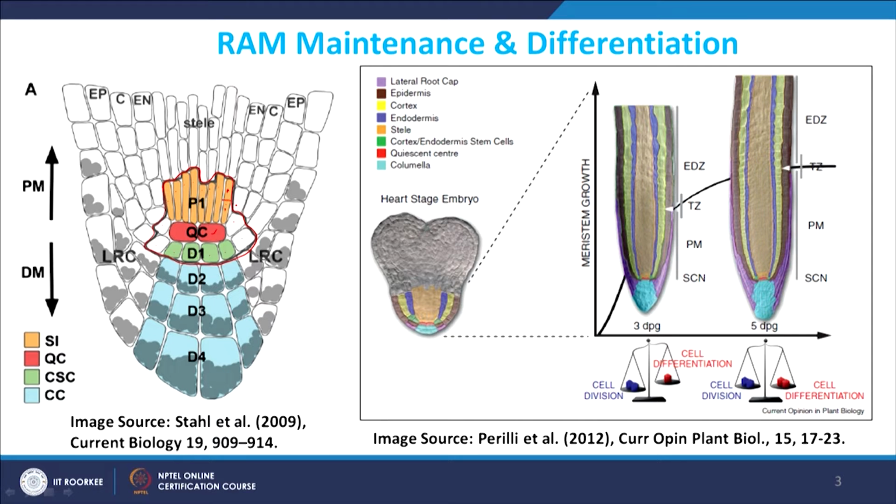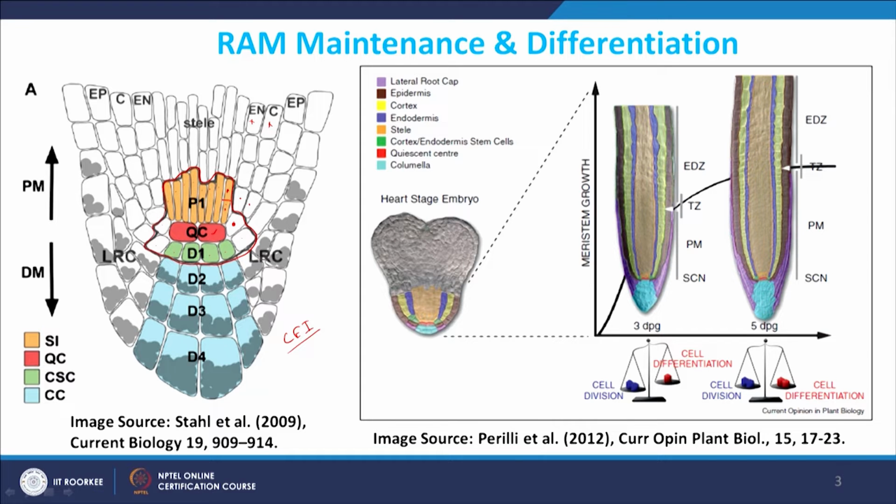So for example, if you look here, there are a few things I just want to remind. This is the initial which is called CEI, which is the initial for cortex and endodermis. You can see here both the layers, cortex and endodermis, originate from a single cell.